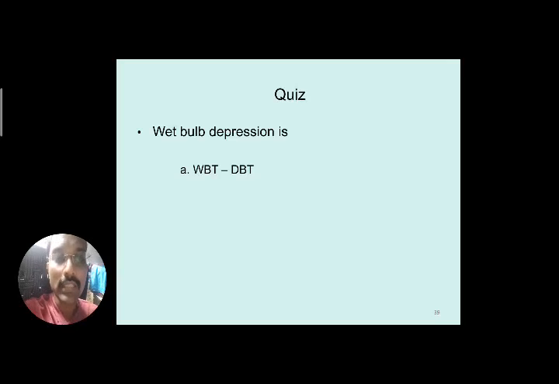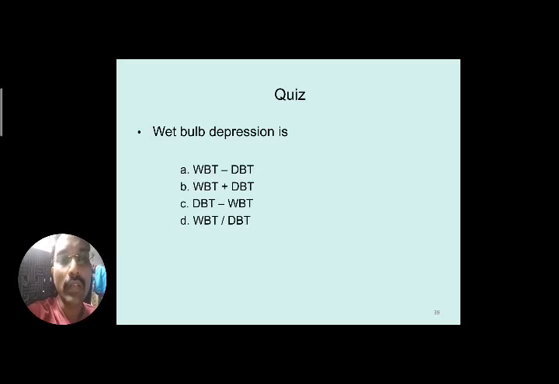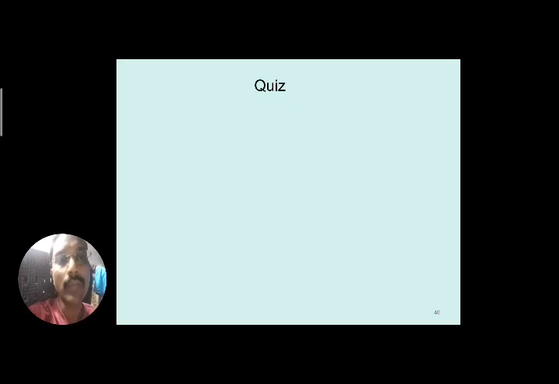It is the difference between both the temperatures, and whichever value is higher, you put it first and subtract the lower value. As I already told, the recorded dry bulb temperature is higher than the wet bulb temperature. So the answer is C, dry bulb temperature minus wet bulb temperature.